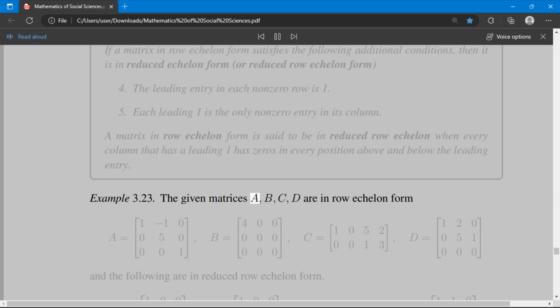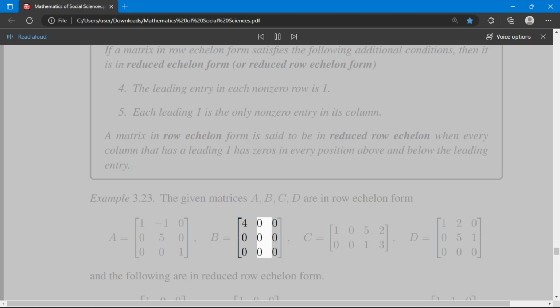Example 3.23. The given matrices A, B, C, D are in row echelon form. A equals 1100500001.